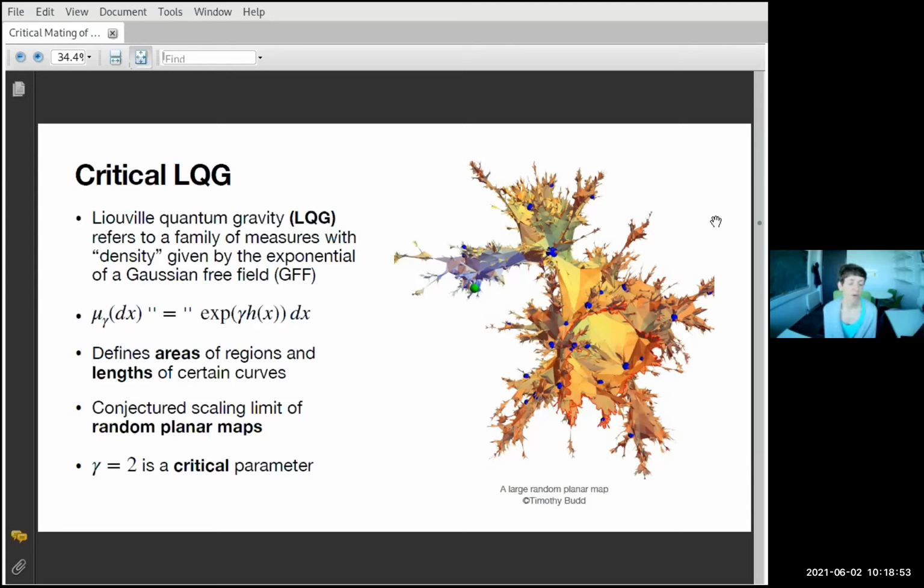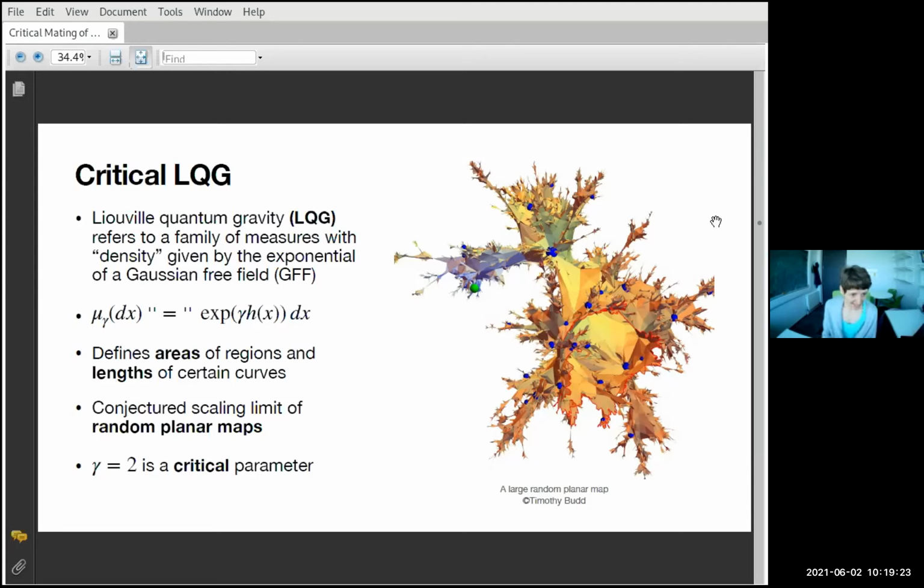You actually can't define a Liouville quantum gravity measure with gamma equals 2 in the same way that you can define the measures when gamma is strictly less than 2, but via a renormalization procedure, you can make sense of what I'll call a critical Liouville quantum gravity measure. So in this talk, I'll be interested in this critical case, where the behavior of the measure is actually quite different to the behavior of the subcritical measures, for people who know about those.